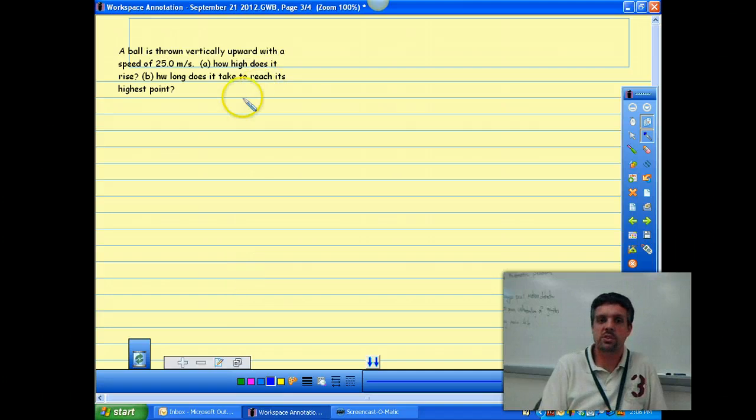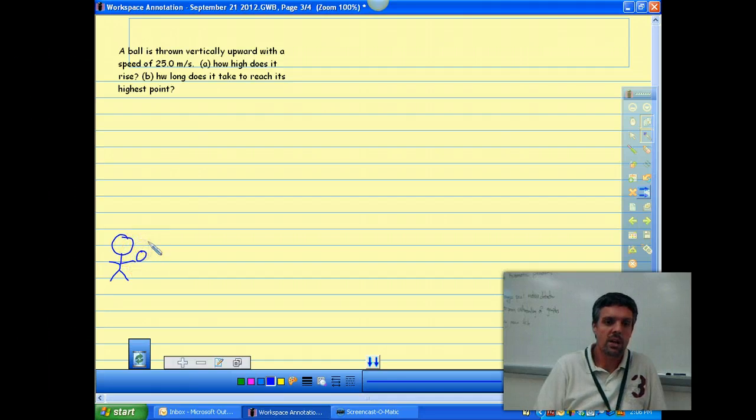This has 2 sections, okay? And so this does not look like a lot of information. A ball is thrown vertically upward with a speed of 25 meters per second. How high does it rise? So, you know, this is one of those cases where I think a picture is going to help us out.